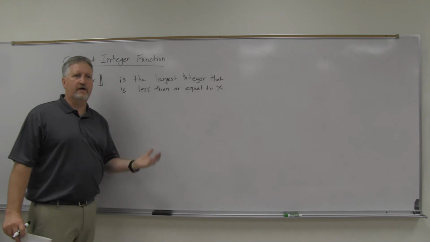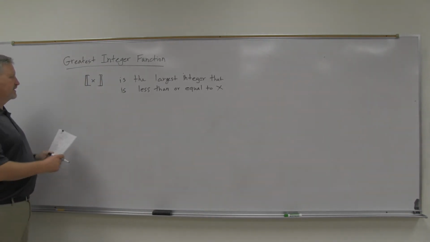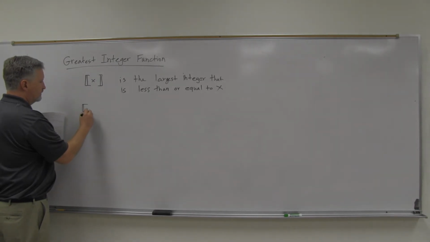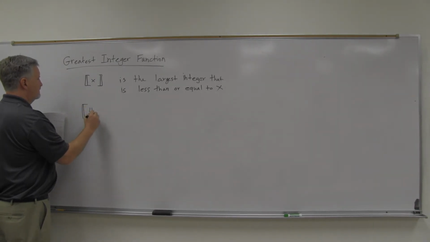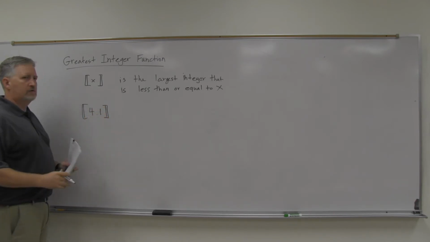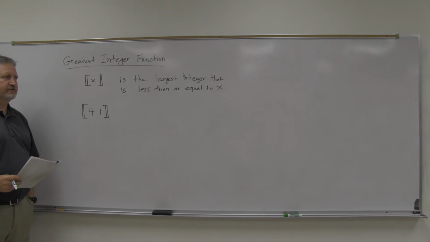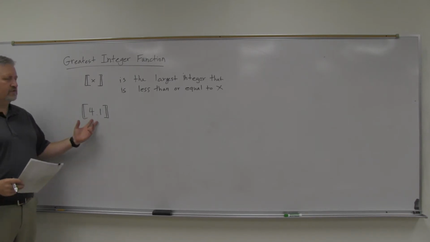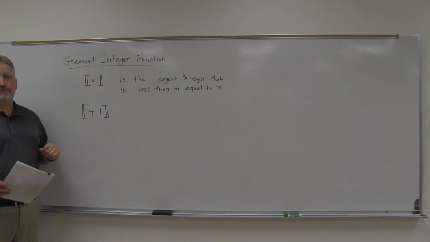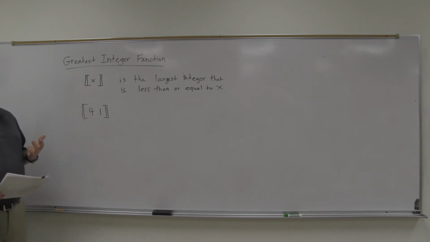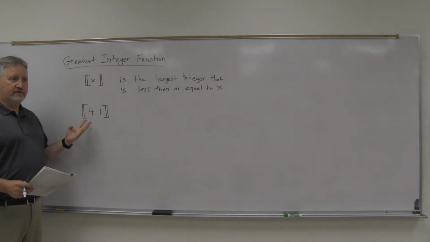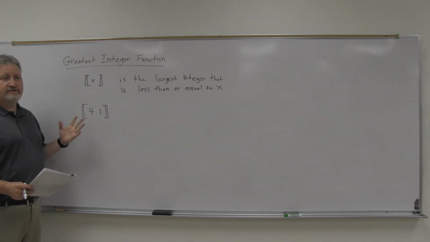So let's just compute a couple of these greatest integers just to get a feel for it. Okay, so if it's the greatest integer of 4.1. Greatest integer of 4.1. So my x is 4.1, so I want the largest integer that is less than or equal to x. All right, so thinking about the integers, 4 would be an integer, 3 is an integer, 5 is an integer.